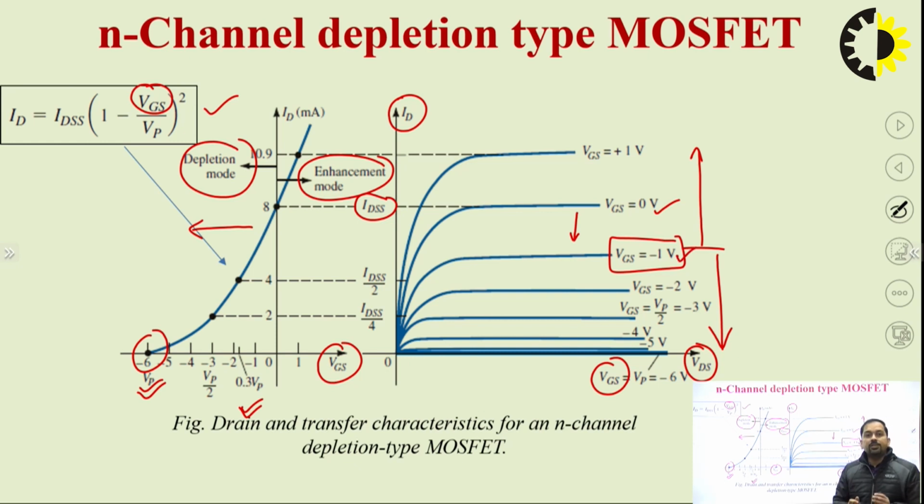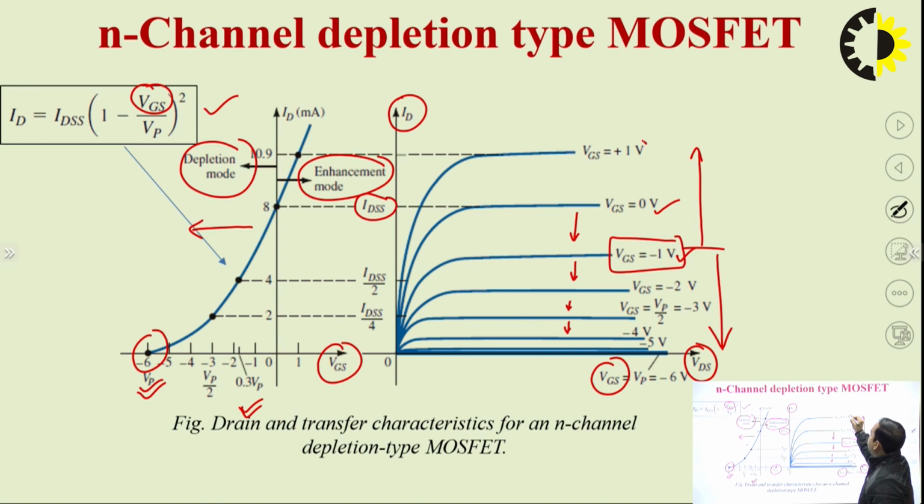Now further, as we increase VGS in the negative direction, the width of the channel reduces and it results in the drain current reducing. That's why the curve is shifted in the downward direction.